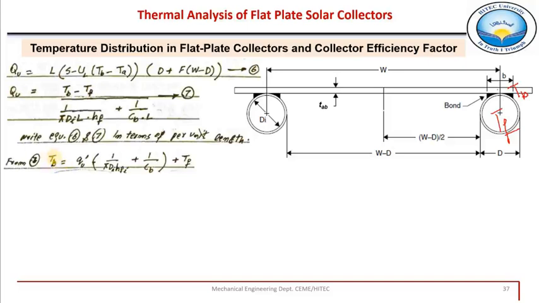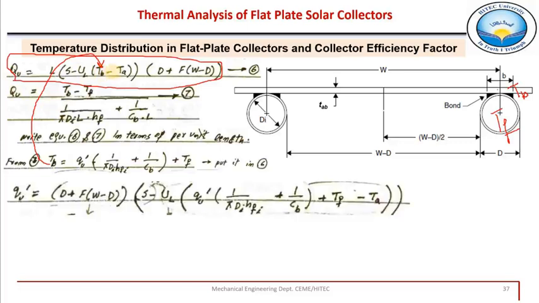So that is the equation of T_b from equation 7. So we will put this T_b here in equation 6, so that now we will have equation 6, which represents the net heat gain of the solar collector, but only in terms of fluid temperature. There will be no T_b. Right. So now put it in equation 6.